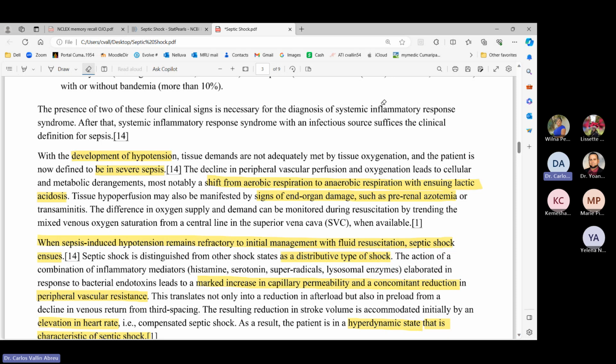Now it's disseminated, and we have an infection, and it's the diagnosis of sepsis. Not septic shock, sepsis.